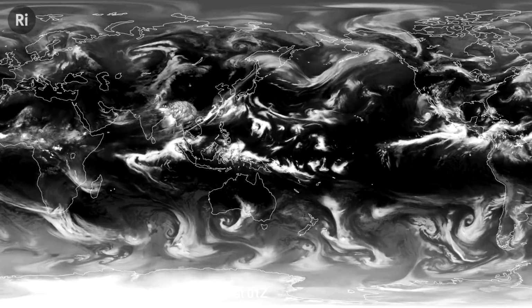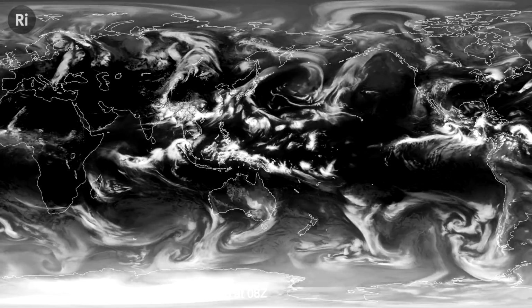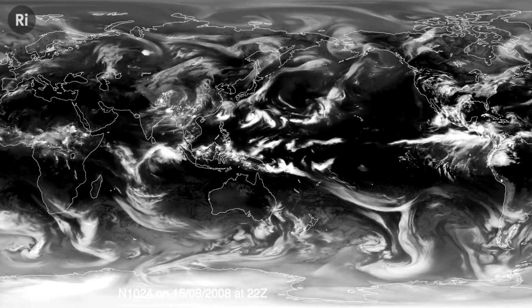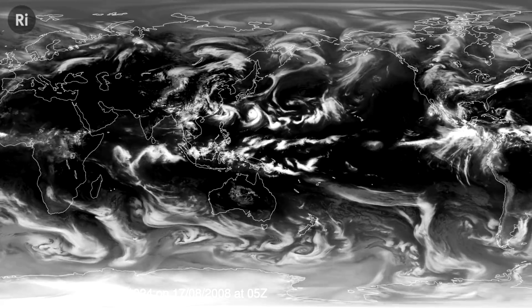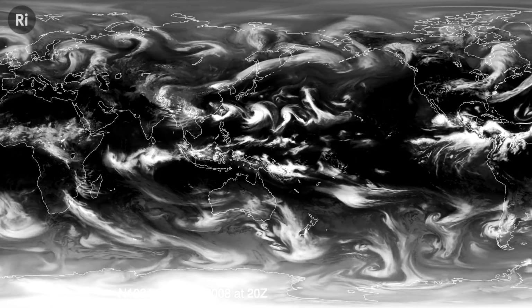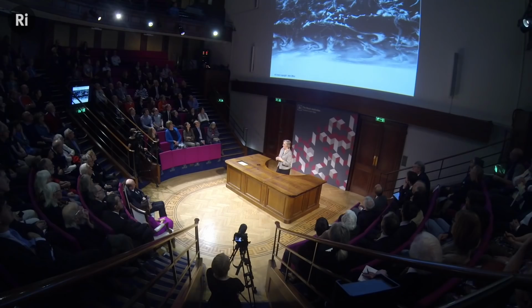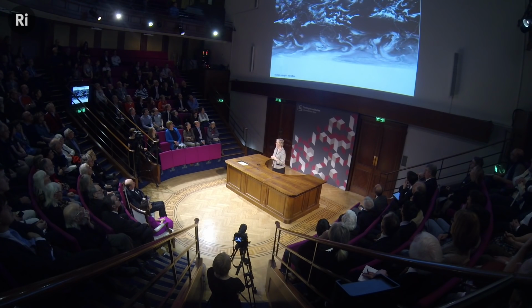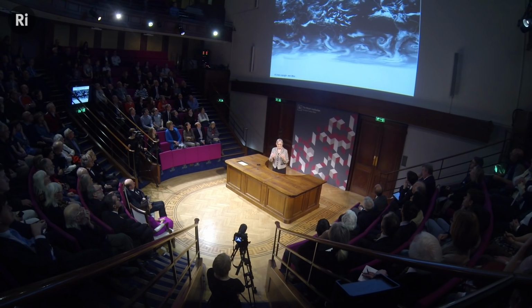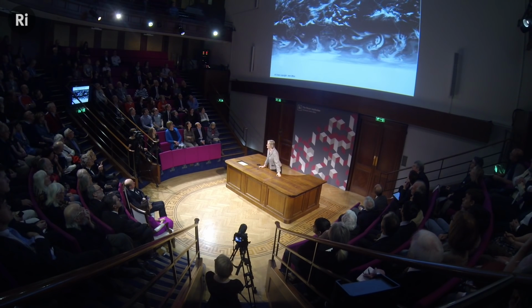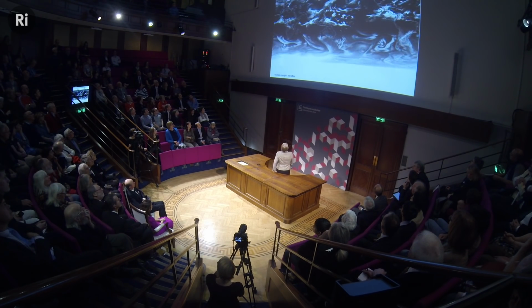In other words, it is the weather that sets up the climate for the whole planet, moves momentum, moves heat, moves water, all sorts of things around the climate system. It sets up the weather, sets up our regional climates, whether we're in the tropics or whether we're in our latitudes. So let's just have a look at this.